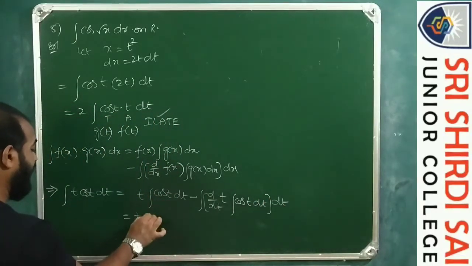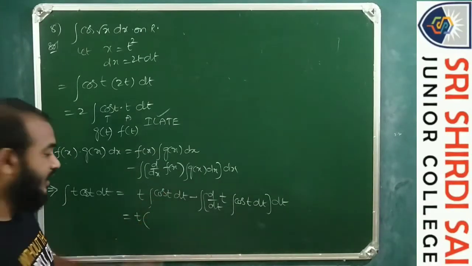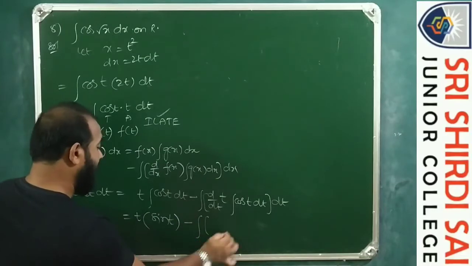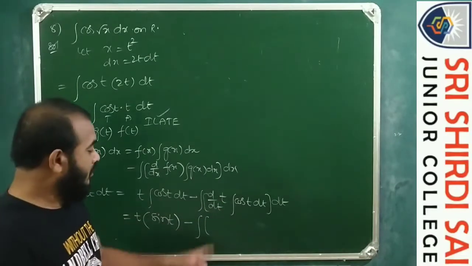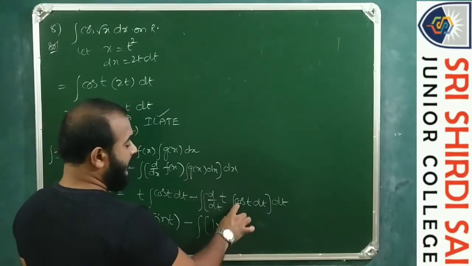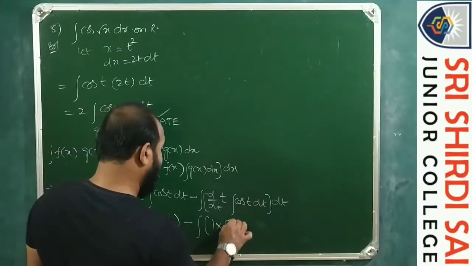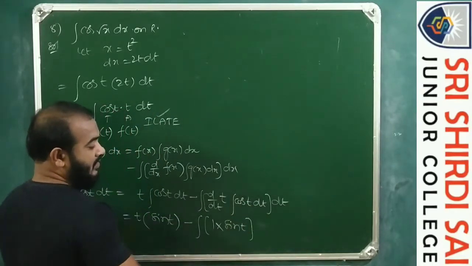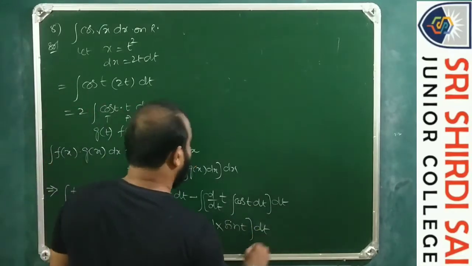So t into integral cos t is sin t minus d by dt of t is 1 into integral cos t is sin t, integral cos t dt is sin t, so dt.